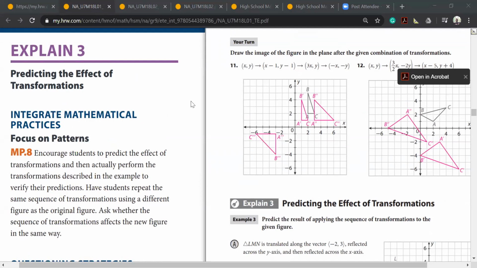If you find the coordinates, I have to put the coordinates first. So A is, and then I will go and find A. What is the value of A? A was 2 and 2. And then I will write 2 and 2. So A is 2 and 2.